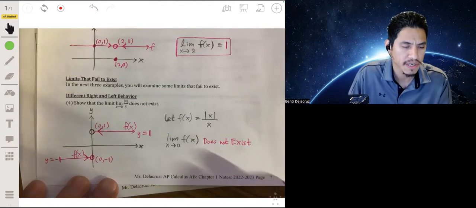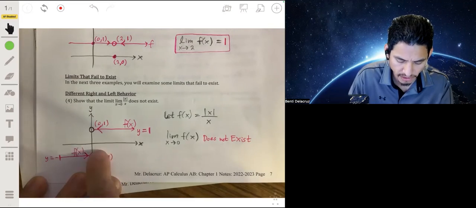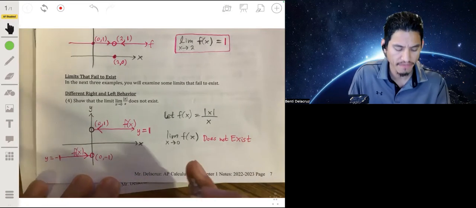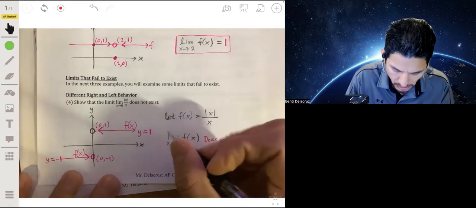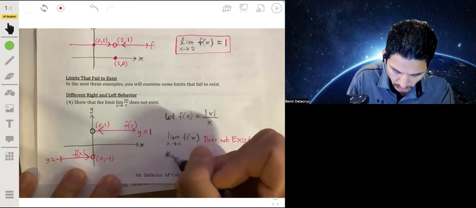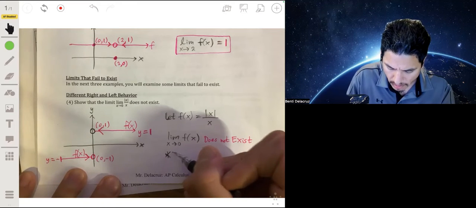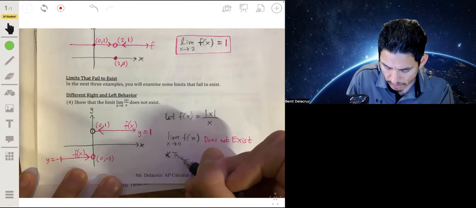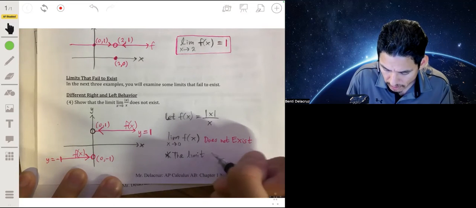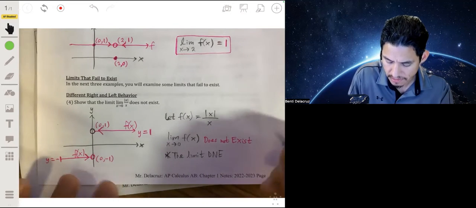It does not exist because the graph approaches a different number from the left side than it does from the right side. We can say DNE is a common abbreviation.